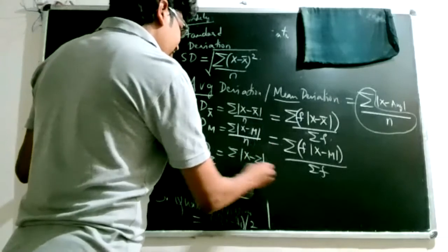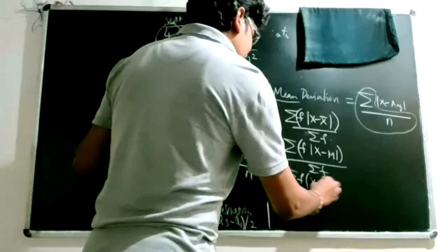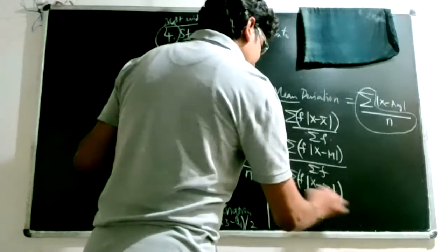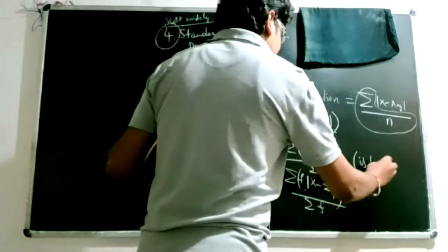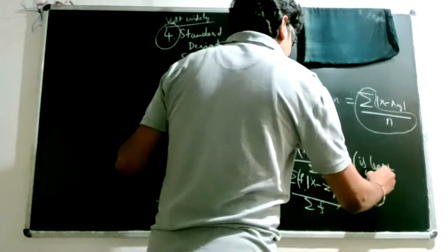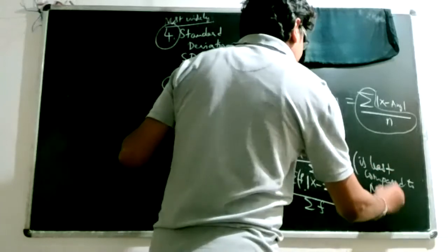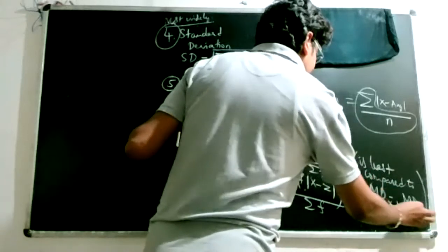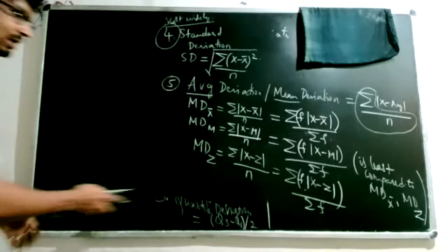And whenever you compute the deviations for some raw or discrete frequency data, you will always observe that the mean deviation from median is the least compared to the other two, compared to MD about x bar or MD about Z. So we'll observe this MDM to be the least.